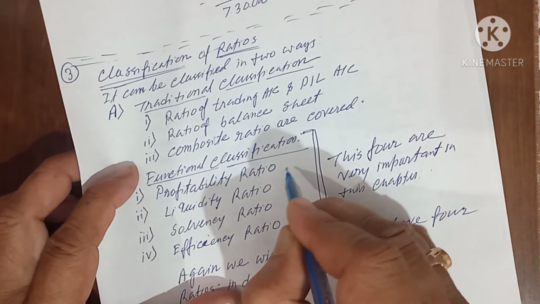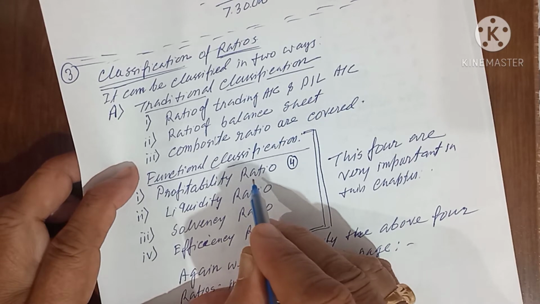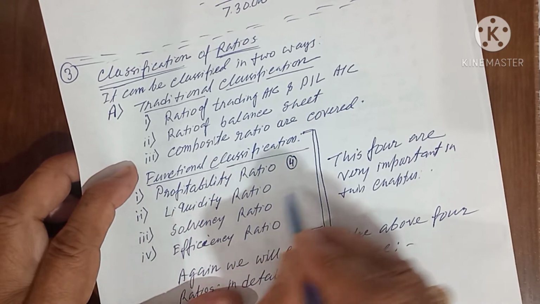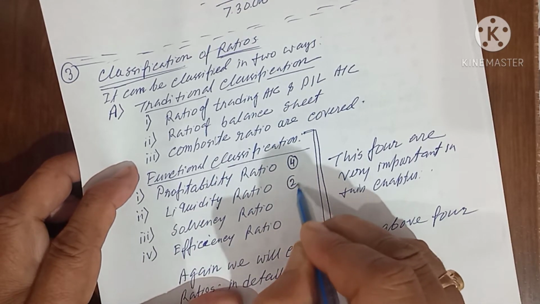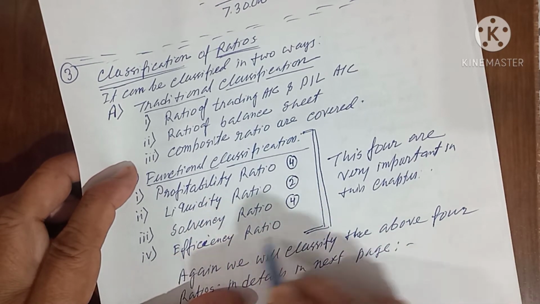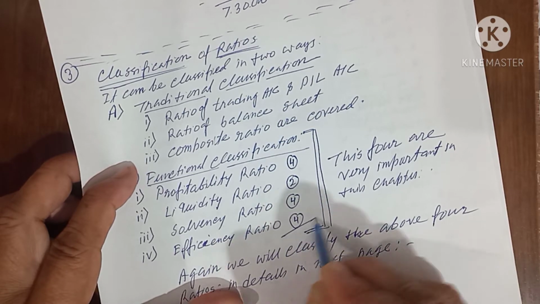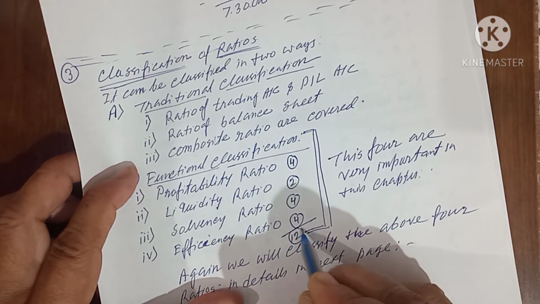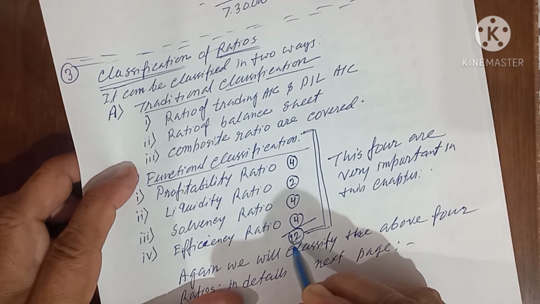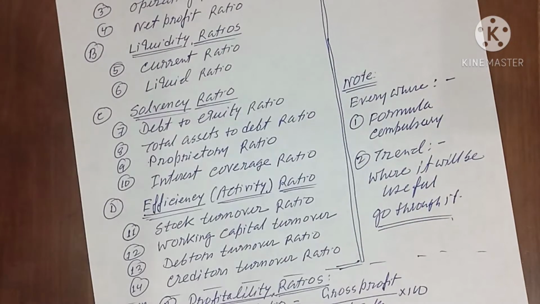Under the profitability ratio 4 ratios will come, under the liquidity ratio 2 ratios will come, under the solvency ratio 4 will come, and under the efficiency ratio 4 will come. That means in total you are going to learn 12 formulas from this chapter. 4, 2, 4, 4.